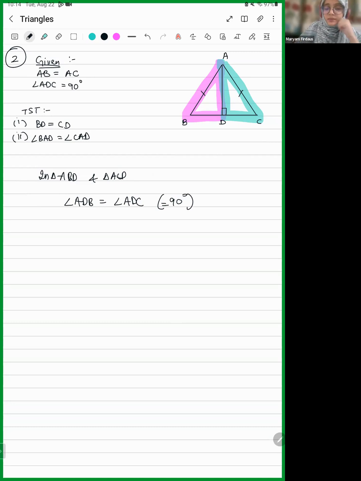Okay, then what else? Then we add them together. Okay, what will happen after adding them? Yes, Abdul Rahman, why are we adding them? Then it becomes 180.